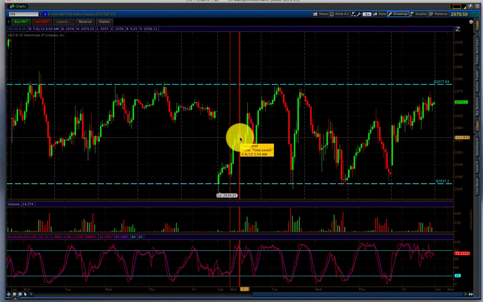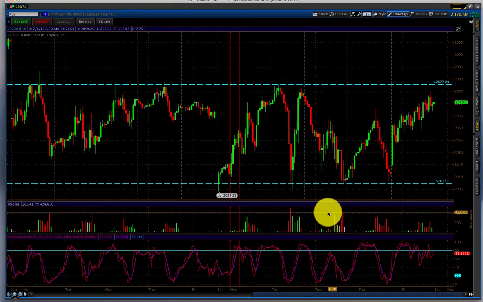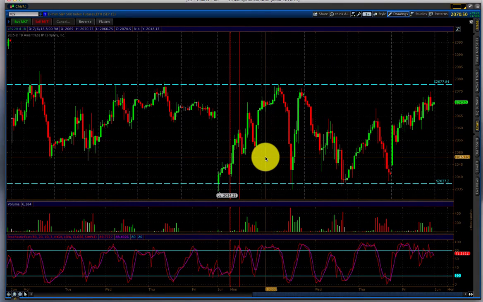Yeah, if you can grab 17 points in the ES, $50 a point, that's a pretty big move.